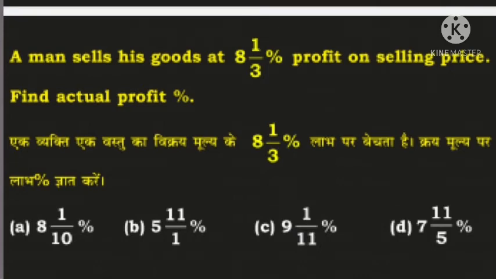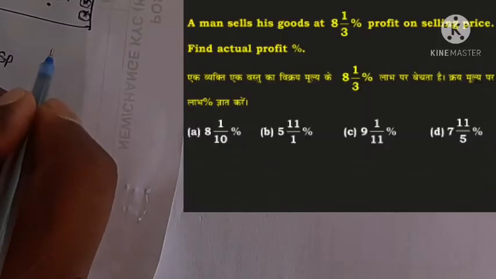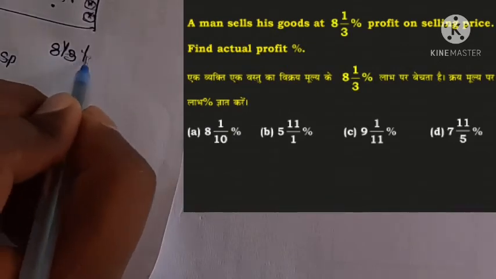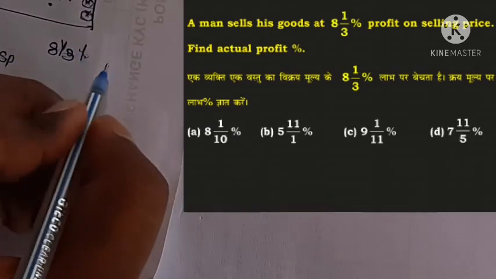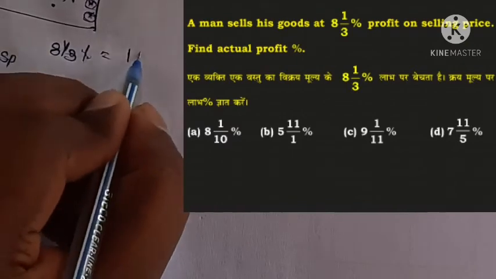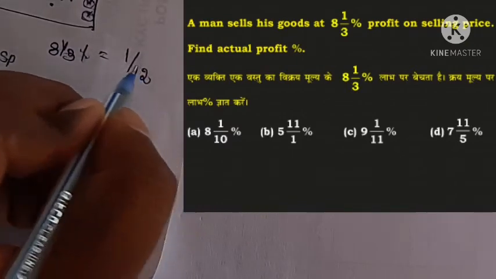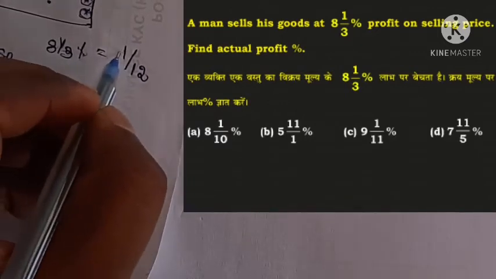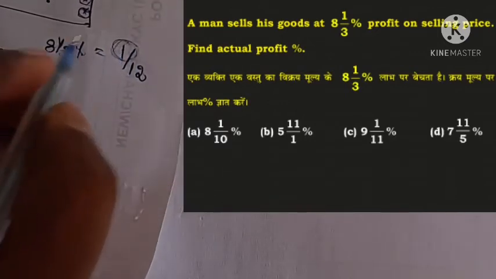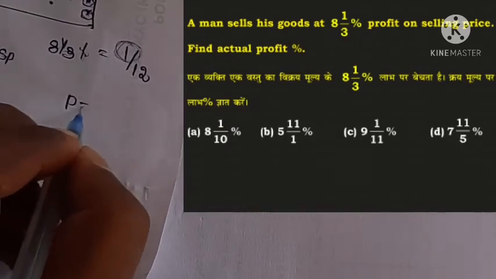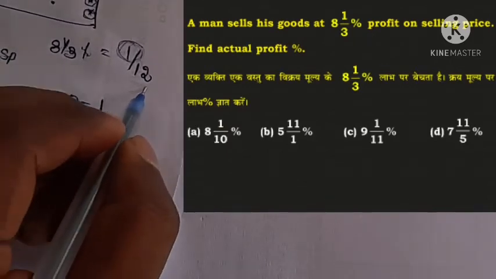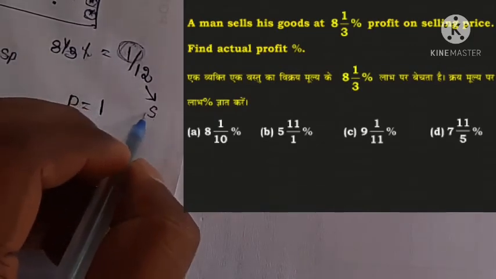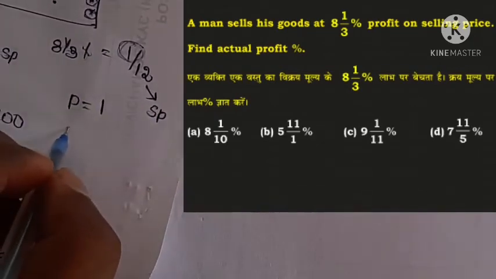A man sells his goods at 8 1 by 3% profit on selling price. Find actual profit percentage. 8 1 by 3% percentage to fraction, that value is equal to 1 by 12. So here the profit is 1. 8 1 by 3% profit on SP. Here we are comparing with SP.